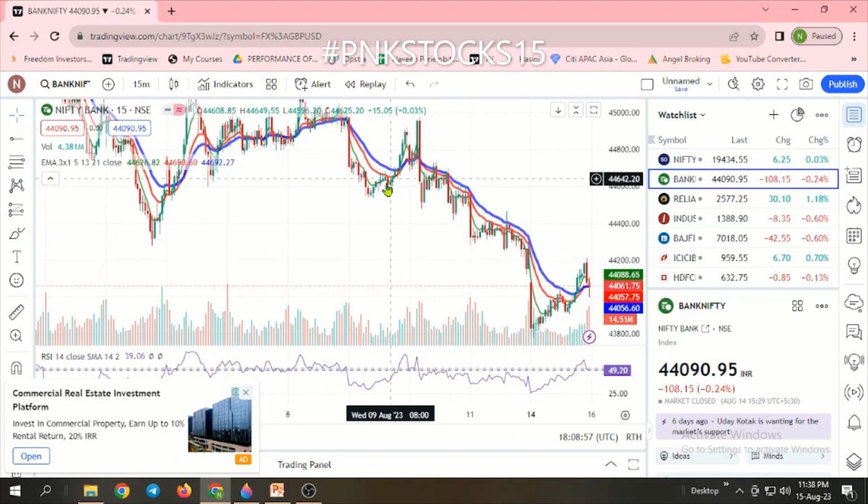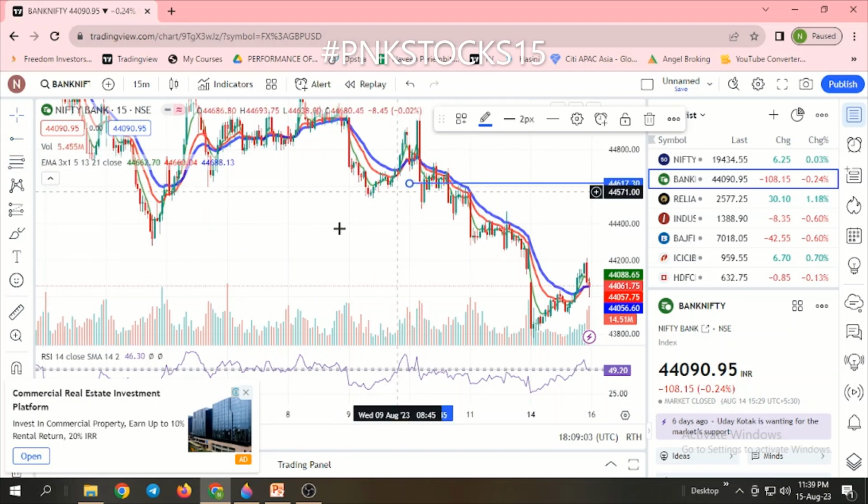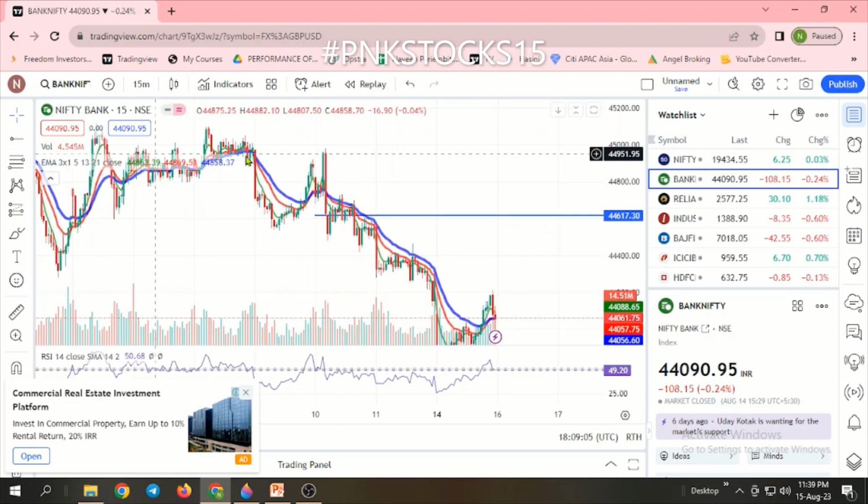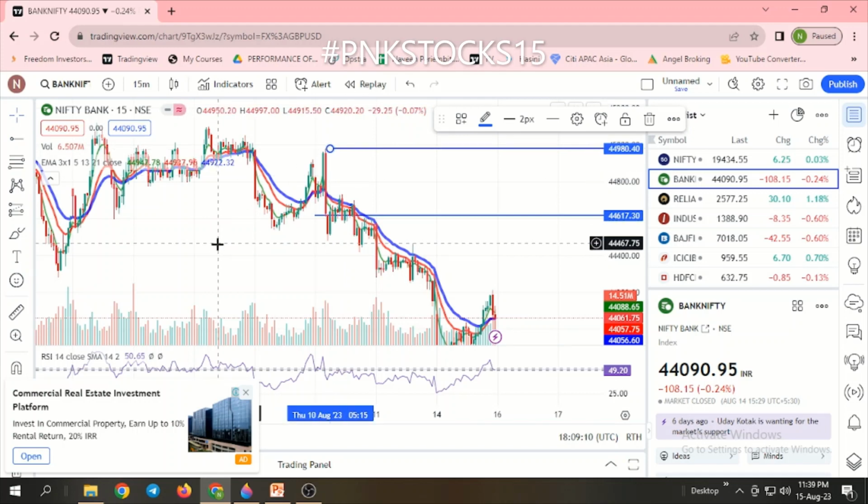See, this day a heavy candle broke all three EMAs. Entry, your SL. Most of the people don't trade because 617 to 900 and 980, almost 450 points SL.